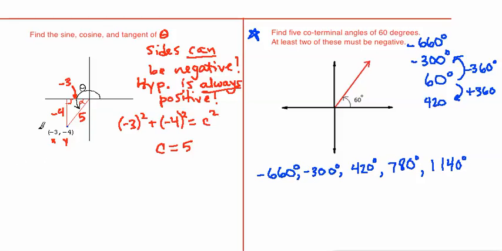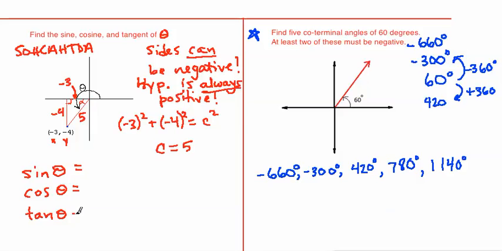Now, remember SOHCAHTOA: sine of theta, cosine of theta, tangent of theta. Sine is going to be the opposite, which is -4, over the hypotenuse, which is 5. That can't be simplified, so we're done with that. Cosine is the adjacent, which is -3, over the hypotenuse, which is 5.